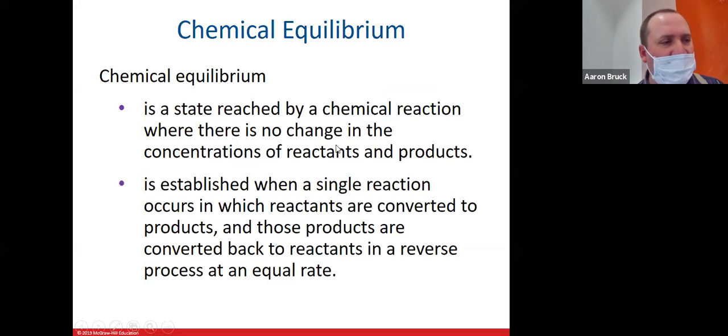All right, we move now into section 3 here, where we talk about chemical equilibrium. Now, we've already alluded to chemical equilibrium in a couple of different ways in the past.